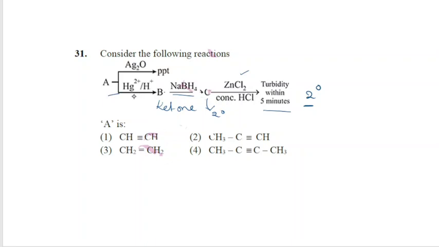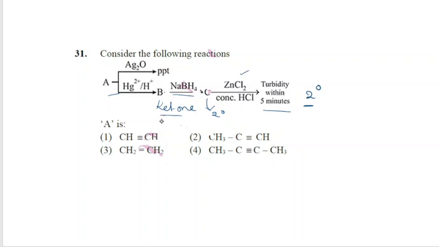The oxymercuration and demercuration giving the ketone means definitely it is not acetylene, because with acetylene you will get an aldehyde group.